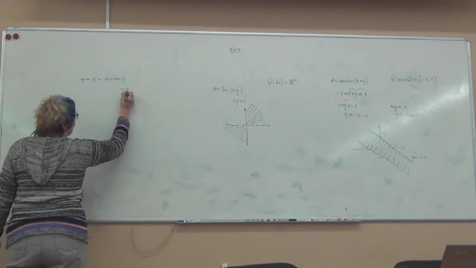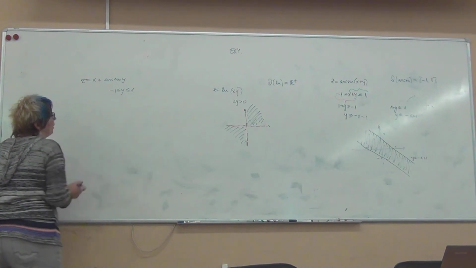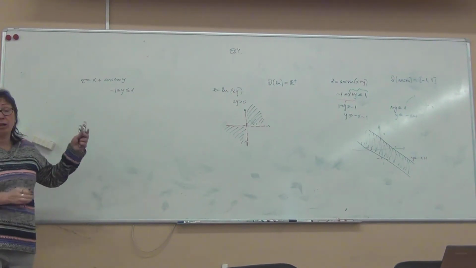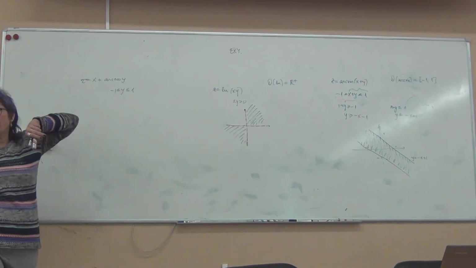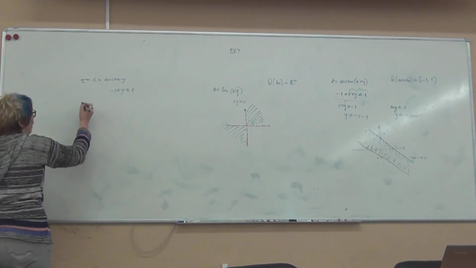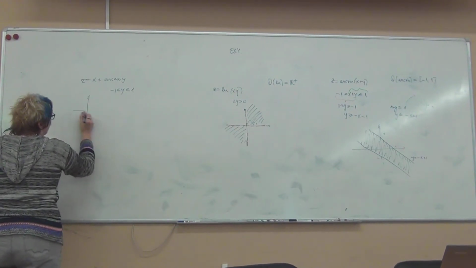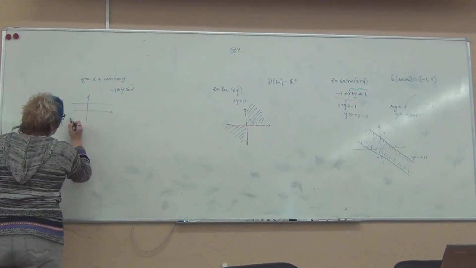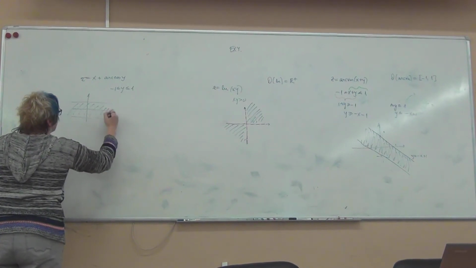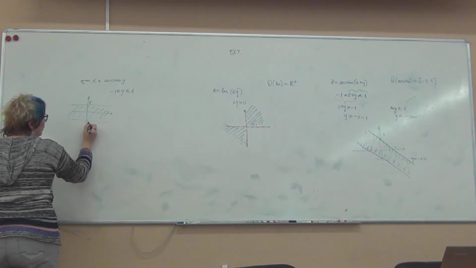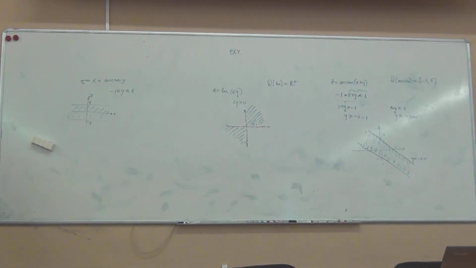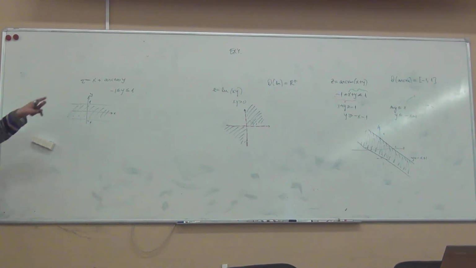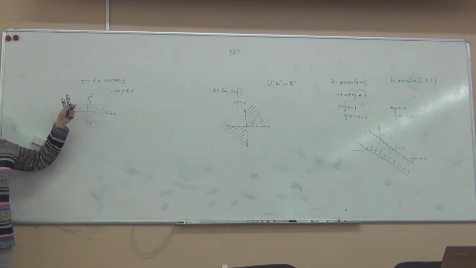So y has to be between -1 and 1, and the domain is simply depicted: two horizontal lines, y equals 1 and y equals -1, and the region between them. So the part of the plane in between these two parallel horizontal lines is the domain. X has no limit, so any values of x are good.